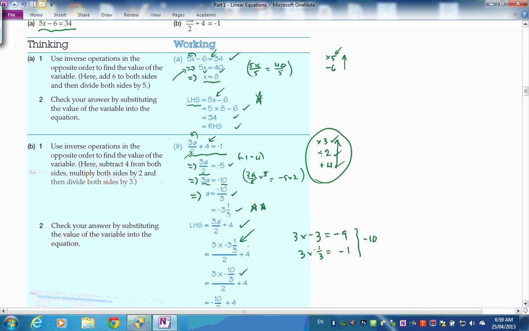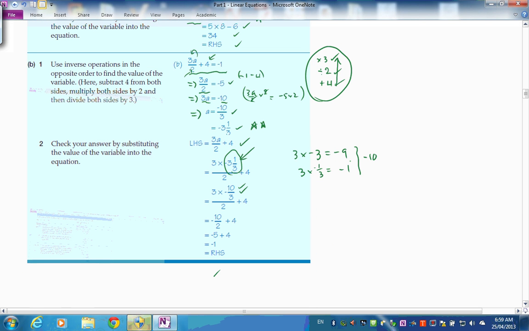They've changed this to an improper fraction and then cancelled, so that's okay. Or you could do it this way that I've got over here. That's neg 10 over 2 plus 4, checking that you can get that. I suppose you could use a calculator, but you should be able to do some of this checking by hand.